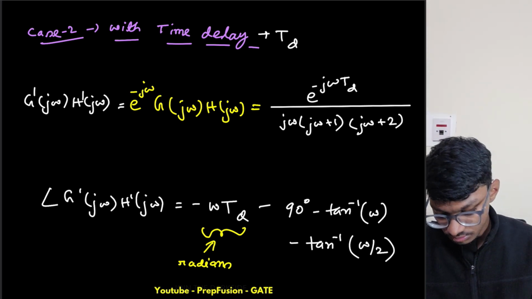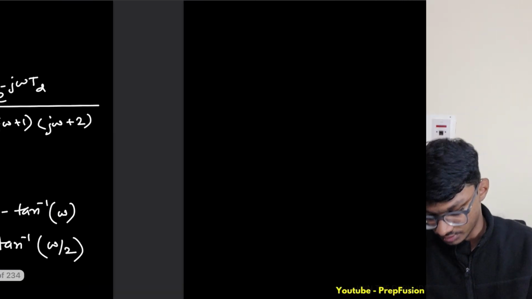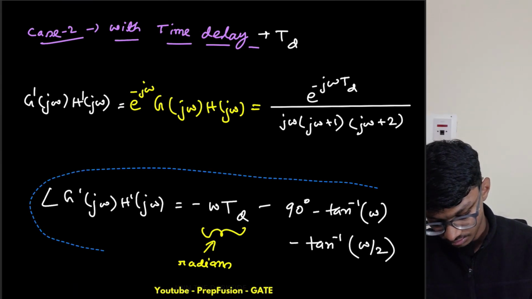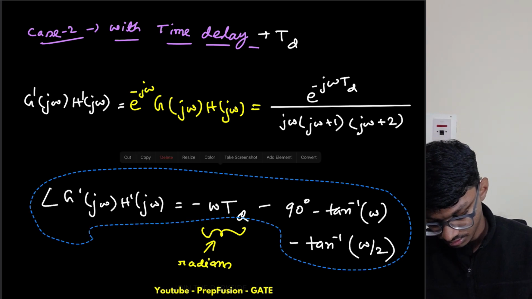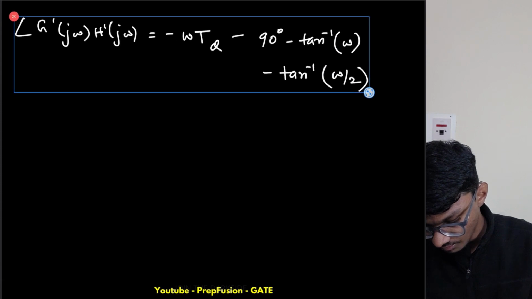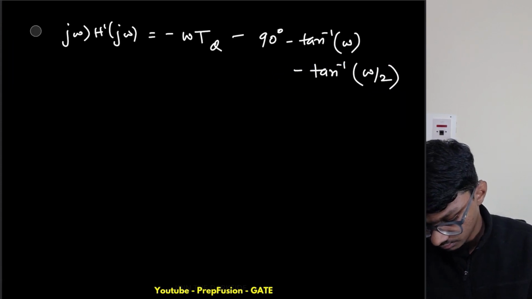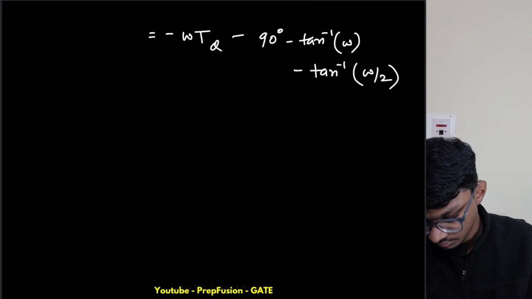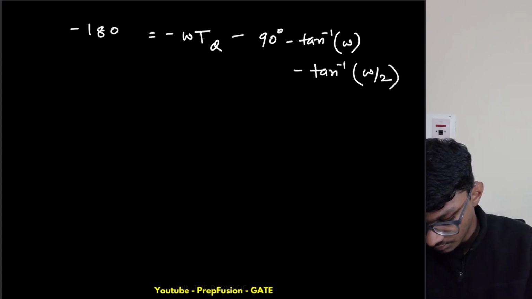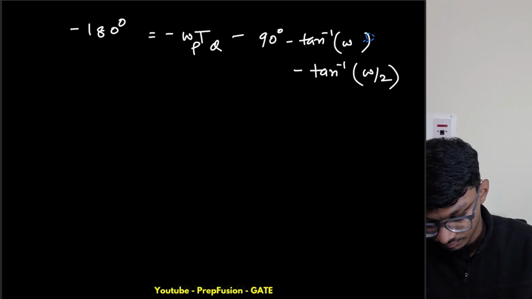So now what I need to find is the phase crossover frequency. For the phase crossover frequency, I will just copy this equation. This will be minus 180 degrees, and omega will be changed to omega p itself.